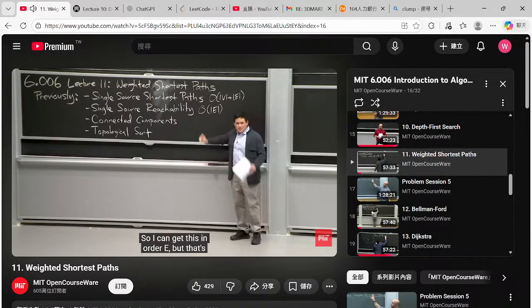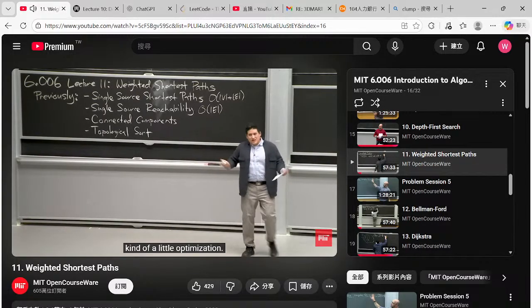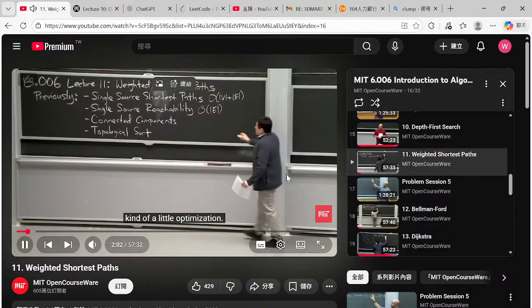So I can get this in order E, but that's kind of a little optimization.